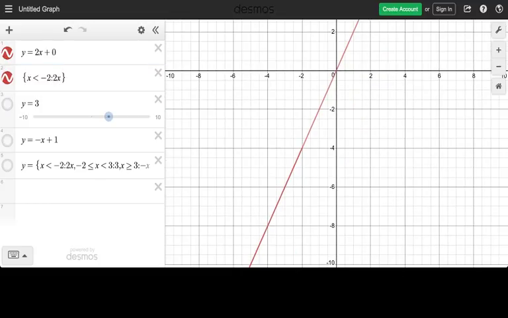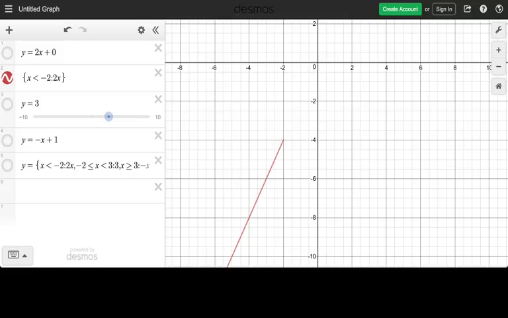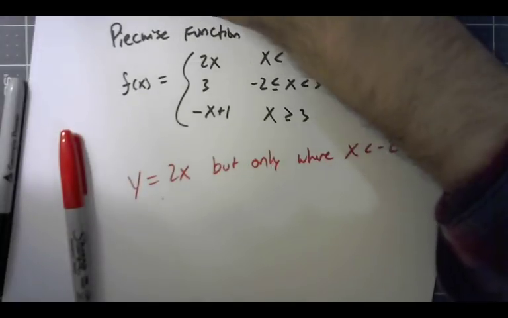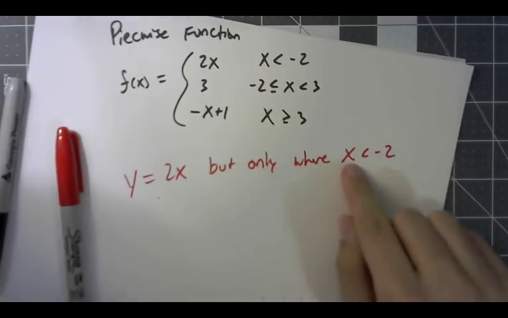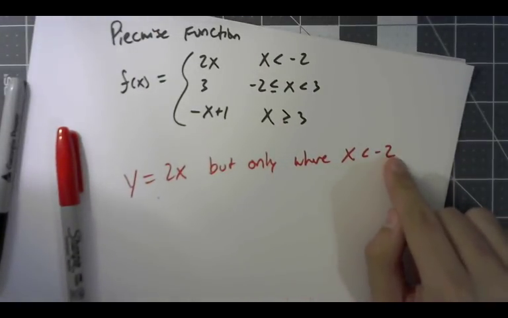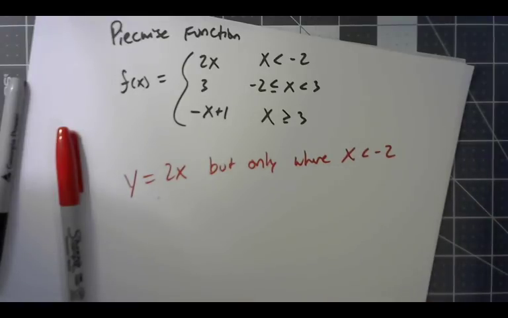This is my graph, I only want it left of this negative 2. Here's my regular graph. And what we're saying is we want it to the left of negative 2. Okay, that's our first one.